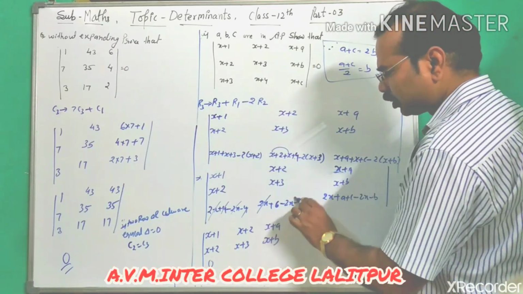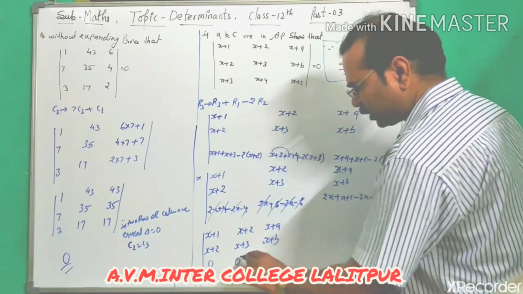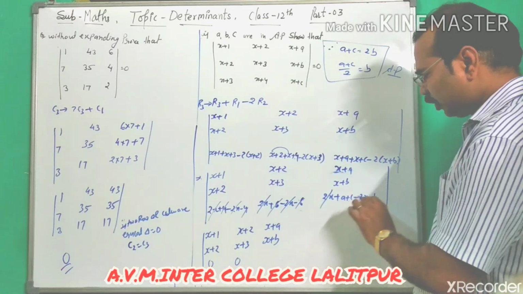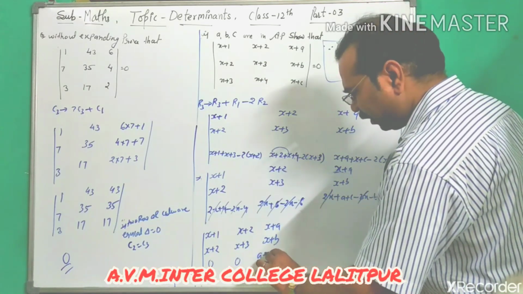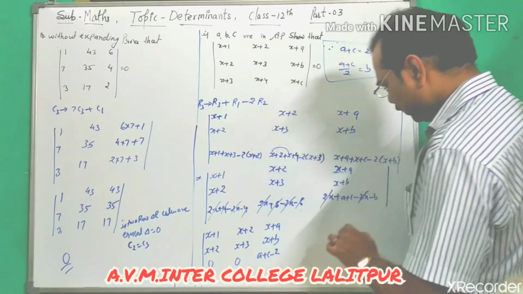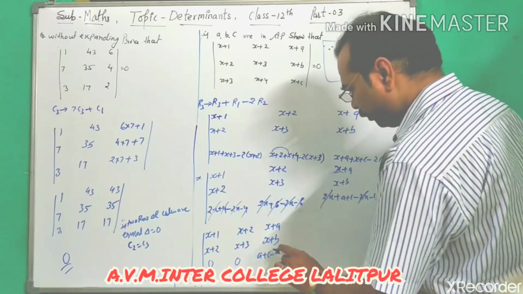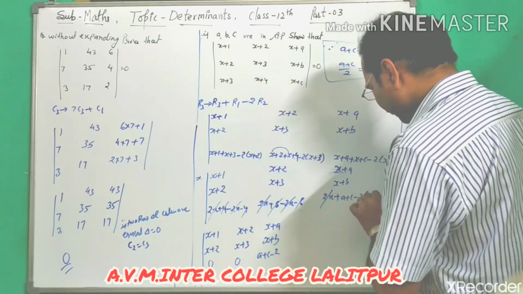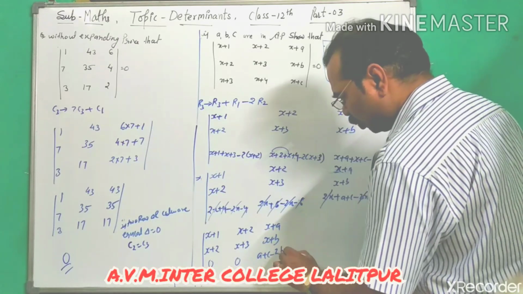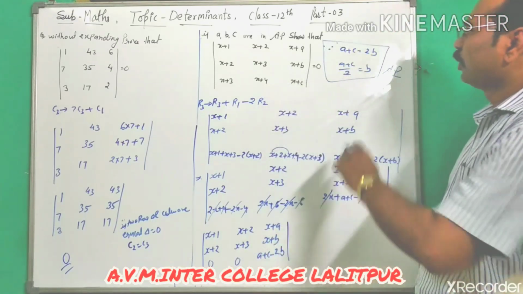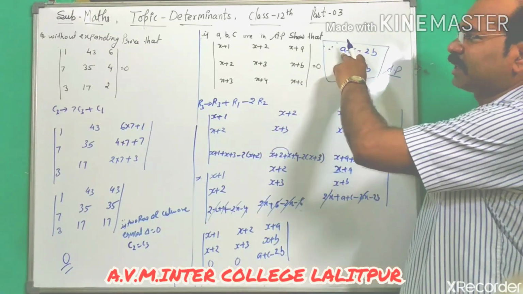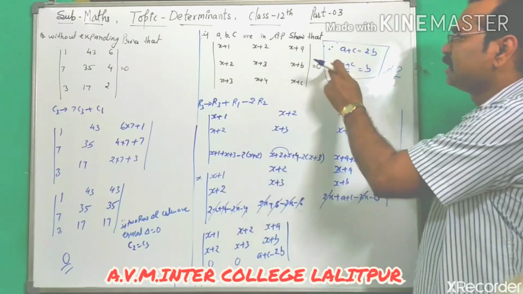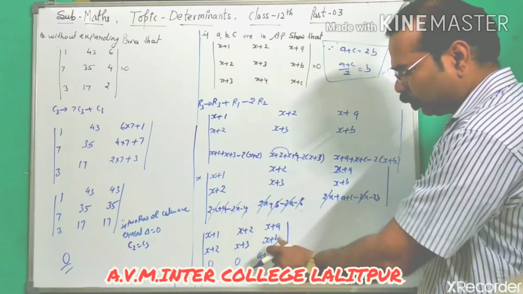Here 2x cancels, 6 cancels, that value is 0. 2x and 2x cancel, then a plus c minus 2b. Okay students, we know the property of AP: it is given that a, b, c are in AP, which means a plus c is equal to 2b.